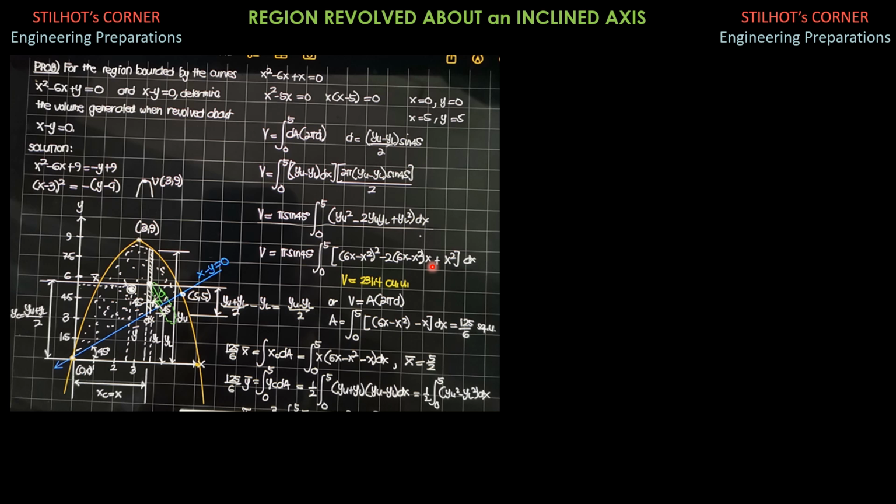Then times x, so minus 2 upper y lower y, then plus lower y squared, which is x squared. Using your calculator and integrating, you will get 231.4 cubic units.